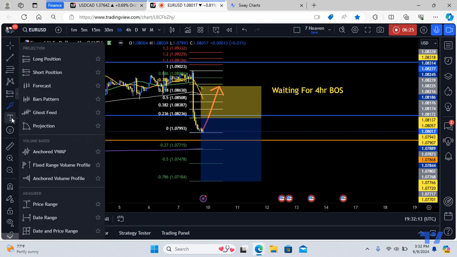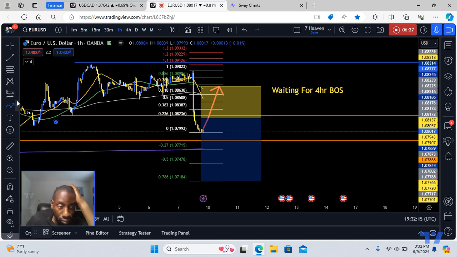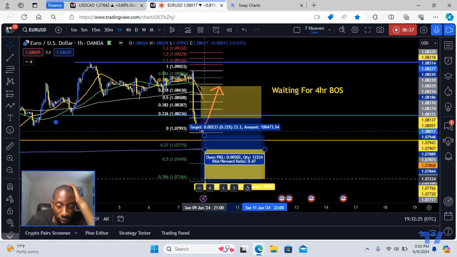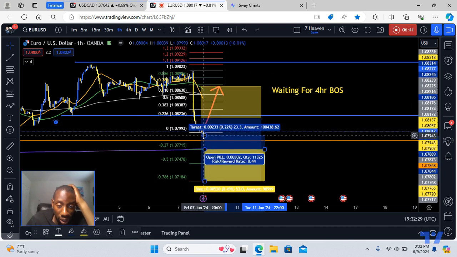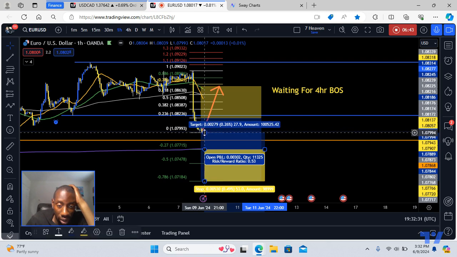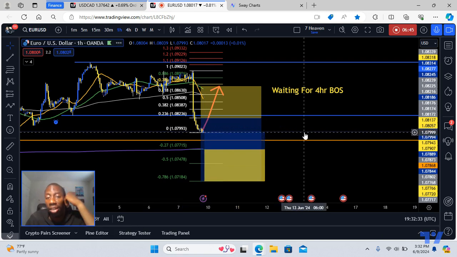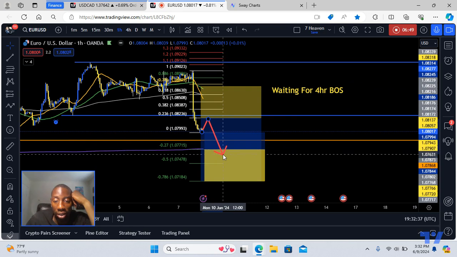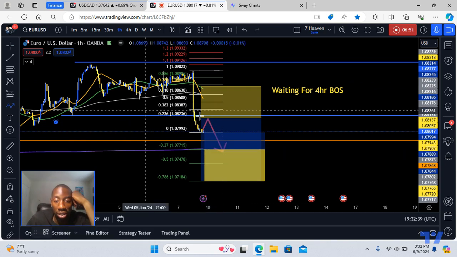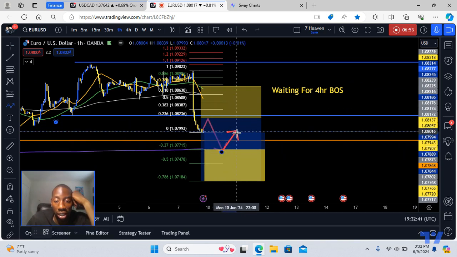My entry is going to be very simple. It's to be right here at the negative 27. Stop loss at negative 78.6, and TP at the 0 point on the fib. And I'm basically waiting for this thing to come down, hit this area right here, and then come right back up.